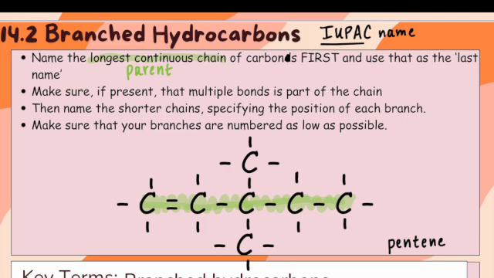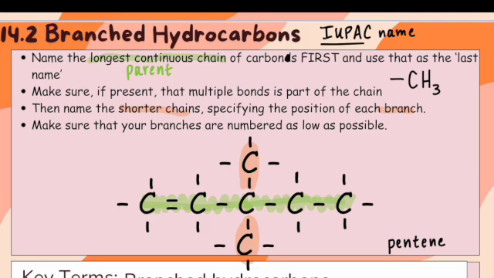Okay, next I want to identify these shorter chains or branches. So these are going to branch off of that parent chain that you identify. So we have 2 in this one. We have this and we have this. Okay, so notice that these 2 in this example are both exactly the same. It's just a carbon attached to 3 hydrogens like this.